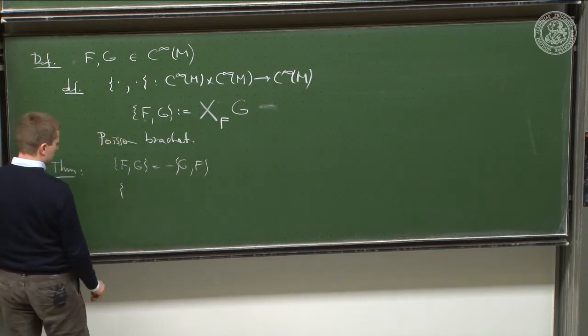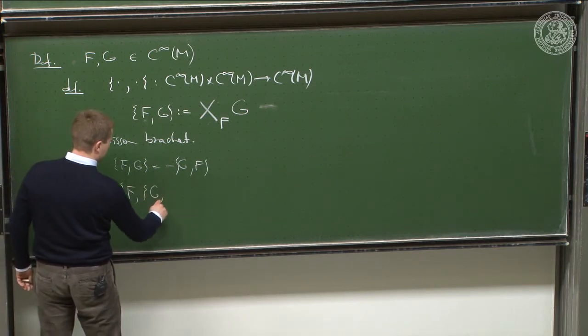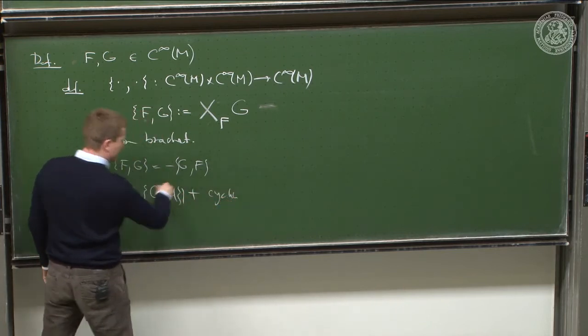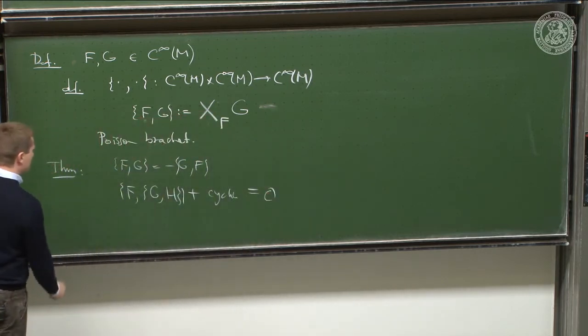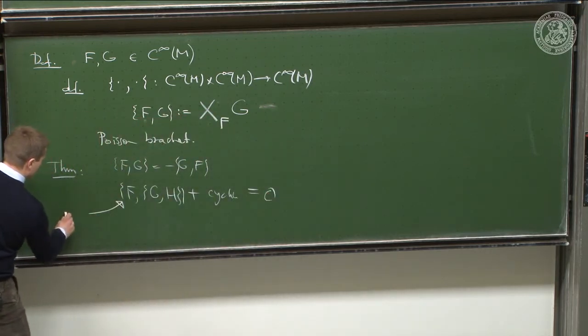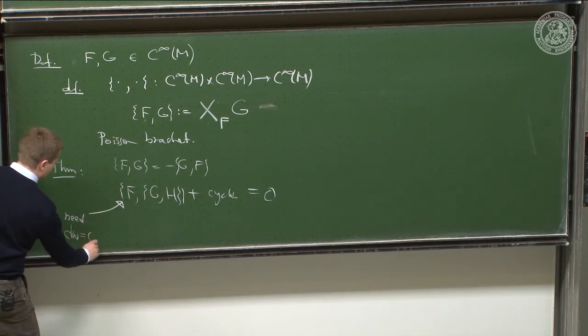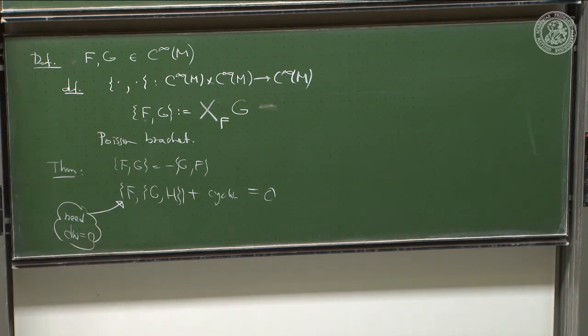And the other property that's important for us at the moment is the Jacobi identity: {f,{g,h}} plus, and you rotate those cyclically, is 0. But in order to prove this, you need to use that omega is closed. Otherwise, you don't get the Jacobi identity.